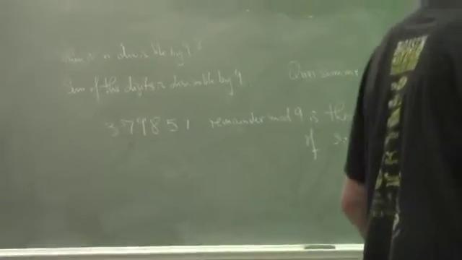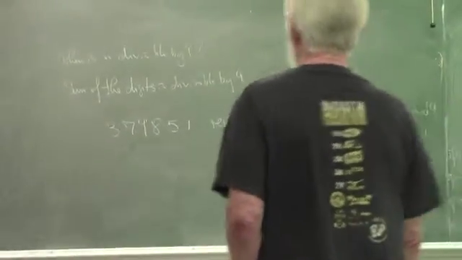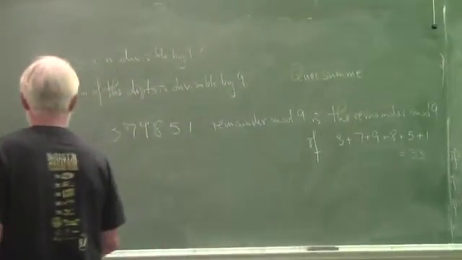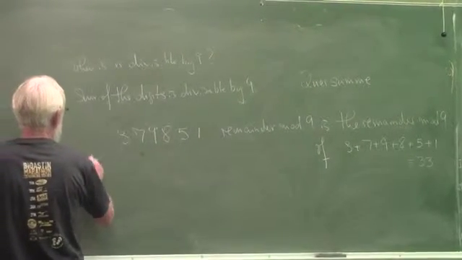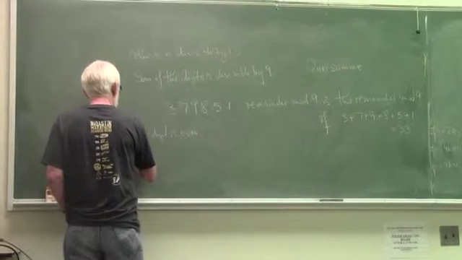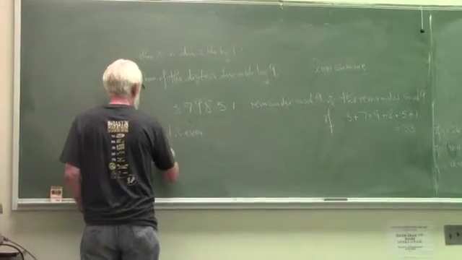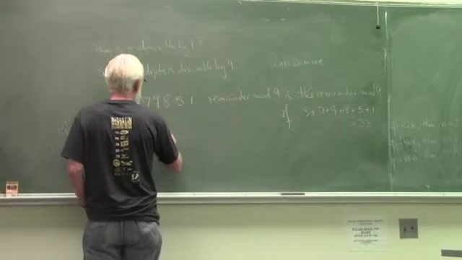And the things that you do before: for divisibility by 2, the last digit is even. Divisible by 5, the last number is a 5 or a 0.